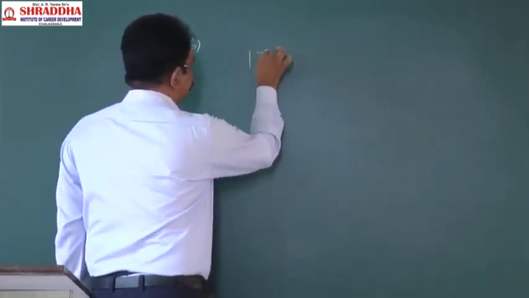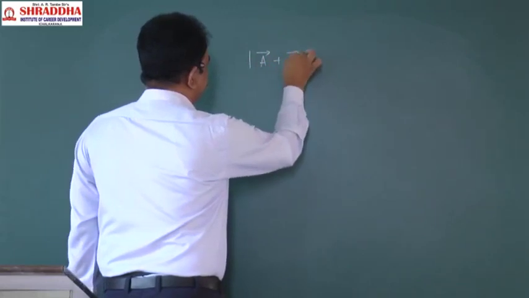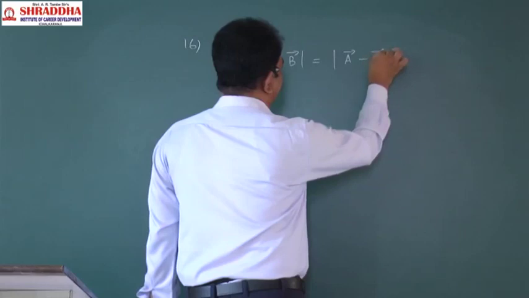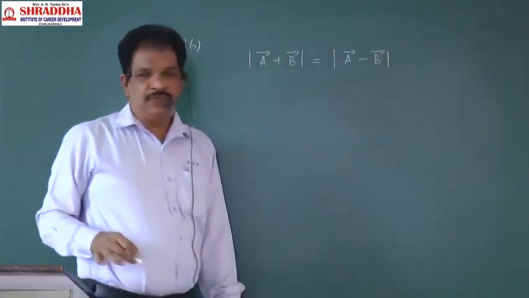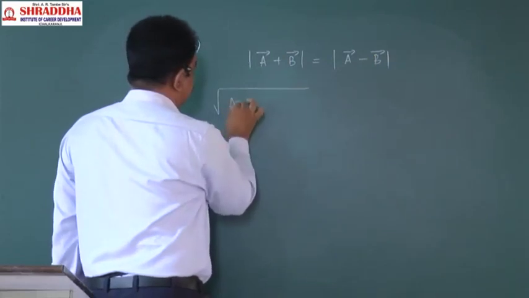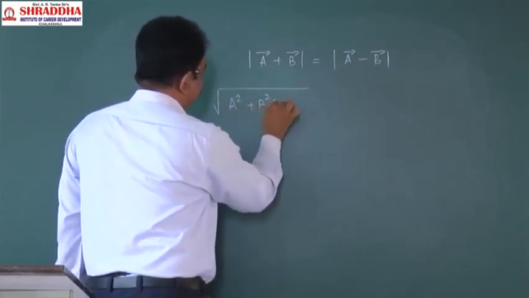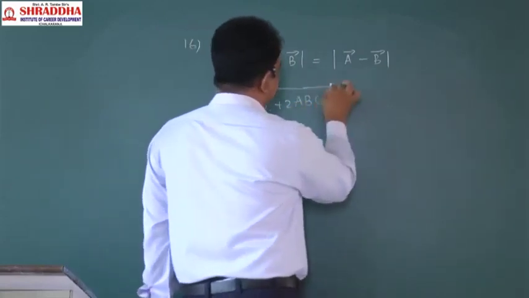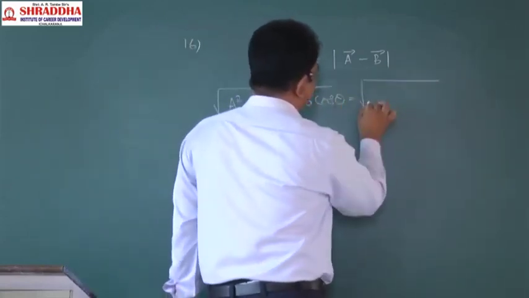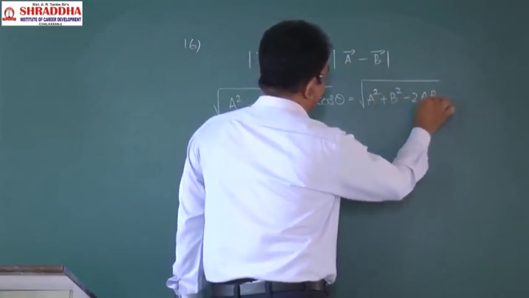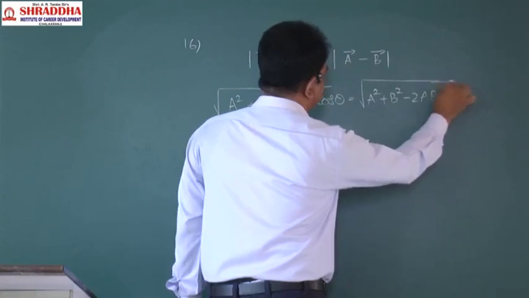So this value, a square plus b square plus 2ab cos theta, equals this value, a square plus b square minus 2ab cos theta.